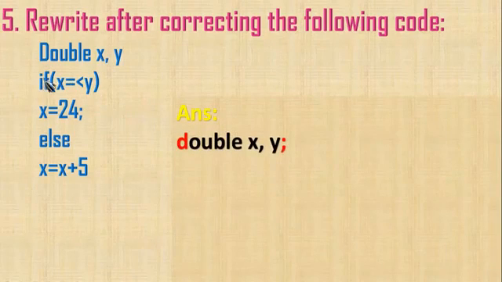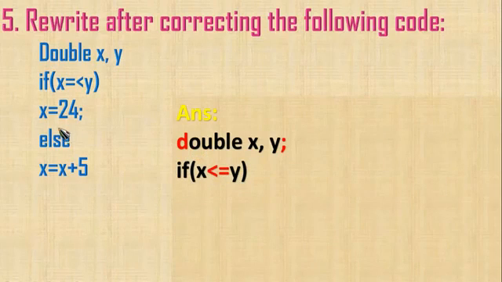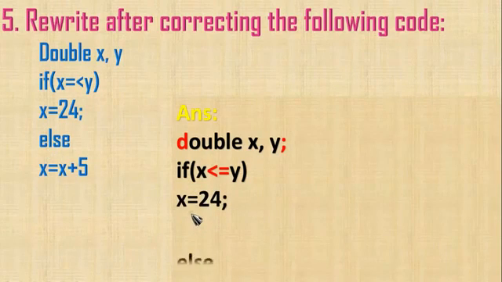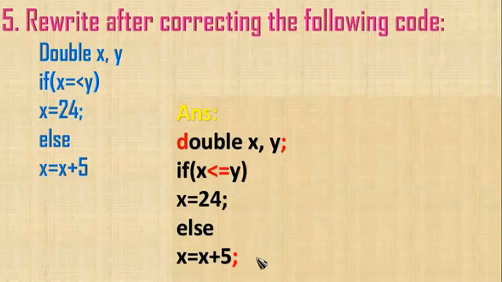The next, if x equal to lesser than, see lesser than or equal to is the correct symbol, so this is wrong one. So it should be lesser than or equal to y, then x is equal to 24 terminated, there is no mistake, else there is no mistake here. So x is equal to x plus 5, then we are supposed to terminate, so we will terminate this. So there are 4 errors in this code.